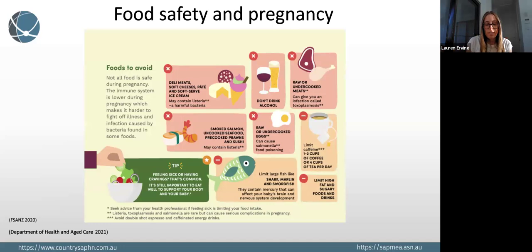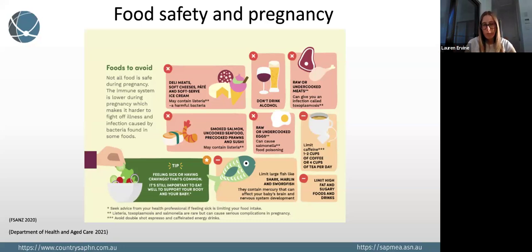The immune system function is compressed a little during pregnancy, which leaves these women more susceptible to bacteria and pathogens that might be on our everyday food, which our immune system would normally fight off and we wouldn't necessarily get sick. But if they got it, it would turn into a foodborne illness, which can be quite harmful for mum and baby, compromising the pregnancy.